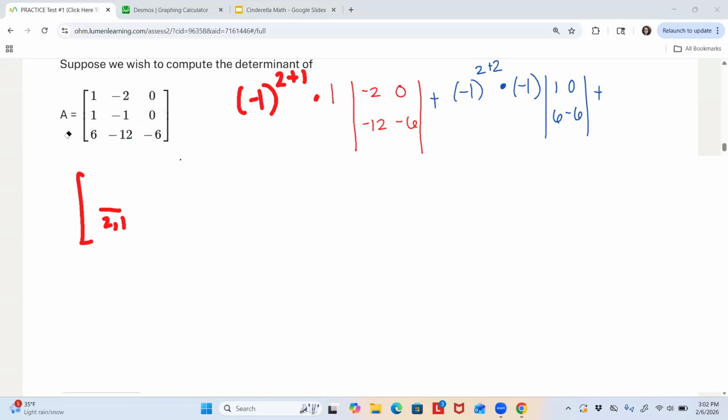And then, trying not to get rid of my highlighting. Okay. It's fine. Go over to the last number. What position is it in? Second, third. So it'll be -1 to the 2 plus 3 times that number that we're targeting here. So we're targeting 0. Determinant of what's left. So what is left? 1, -2, 6, -12. Okay, now let's just work that out.